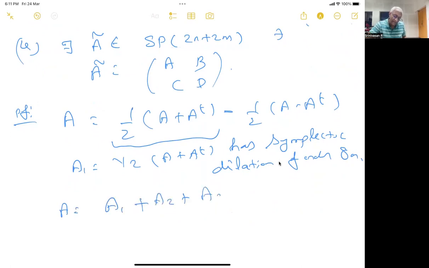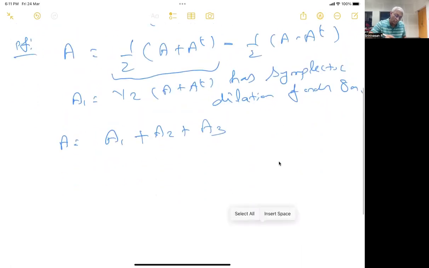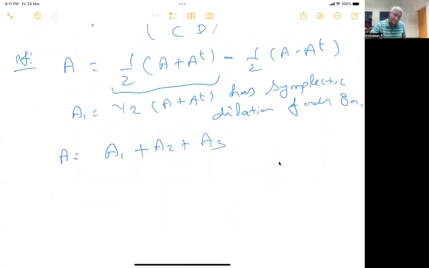Let's write it like this, where A1 is already there. And A2 plus A3 is going to be the remaining one. There is a minus sign, but that's okay. If some A can be symplectically dilated, then minus A also can be symplectically dilated. Okay, so A2 plus A3 we have to write. So let A2 be this.